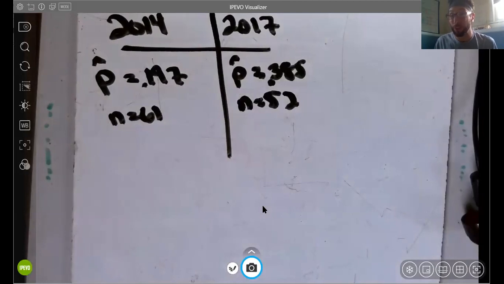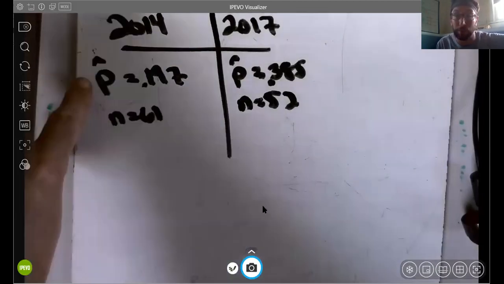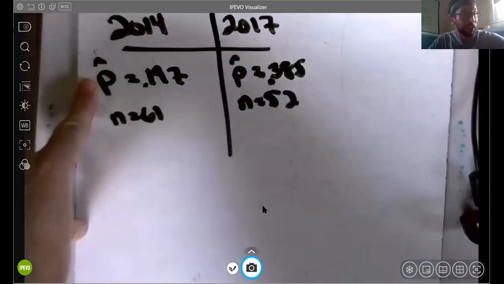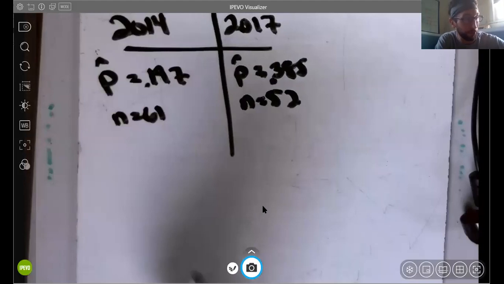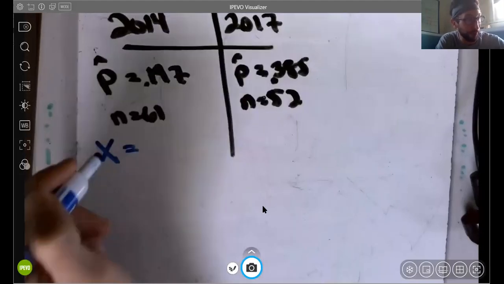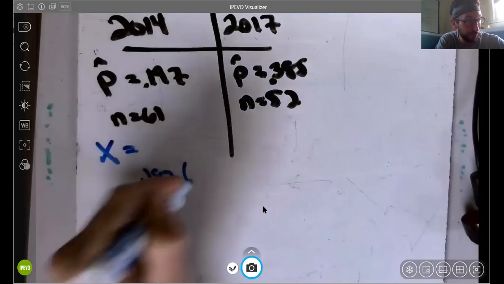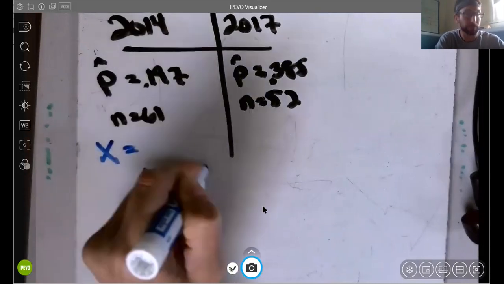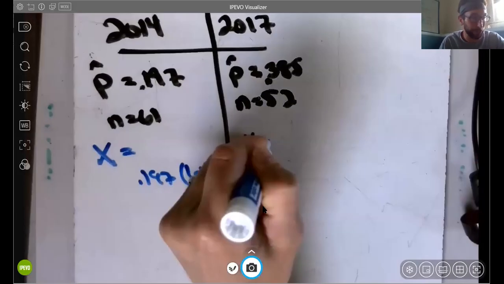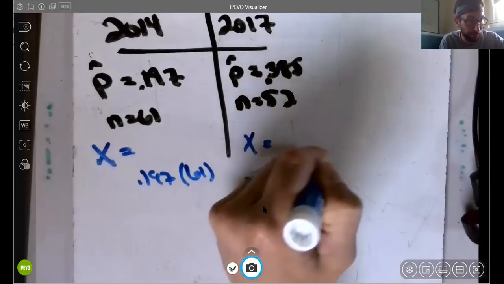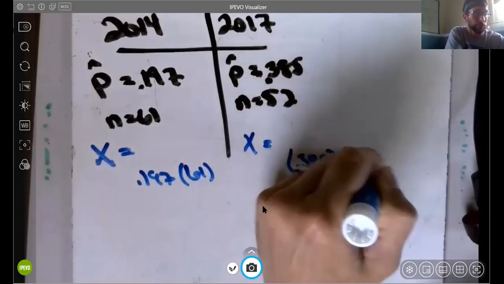Hopefully we remember we're going to need some X values when we go to enter everything in the calculator. Remember, p-hat is the percent of the sample that, in this case, were resistant. X is going to represent the number that were resistant. And so to find X, we need to find 19.7% of 61, and over here we need to find 38.5% of 52.